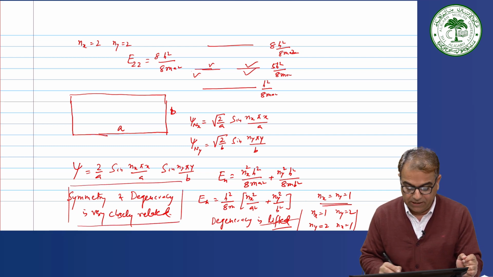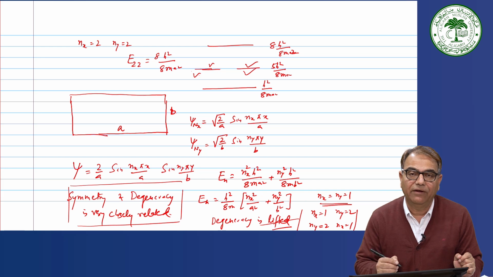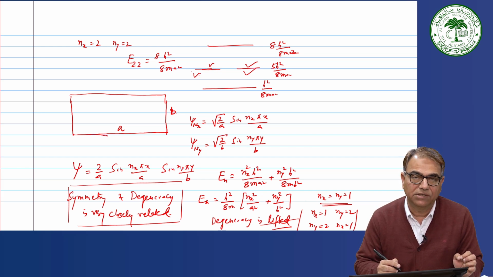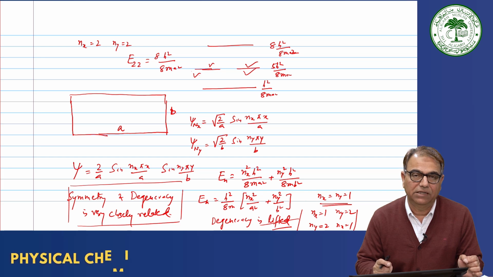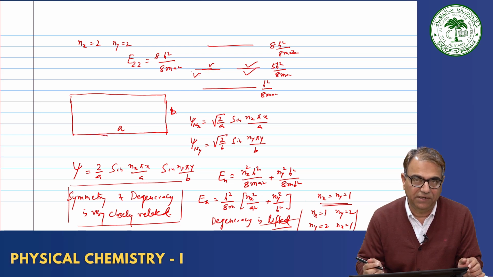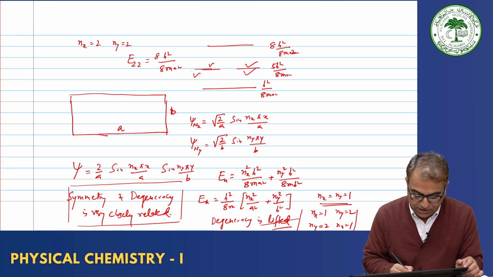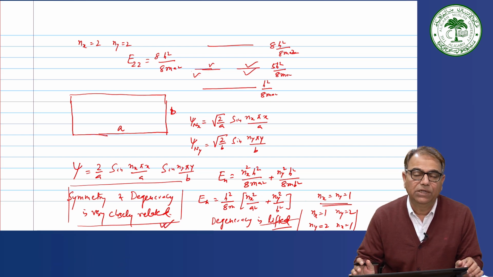And if you remember correctly, you have already done this in your inorganic chemistry, coordination chemistry: the 5d orbitals, which are of equivalent energy, when you put them into an octahedral field or a tetrahedral field, the degeneracy is lifted and they split into two different sets of orbitals, the t2g set and the eg set. And if you go for further distortion of the field through Jahn-Teller distortion, then further splitting takes place, further degeneracy is lifted. So, symmetry and degeneracy are very closely related.